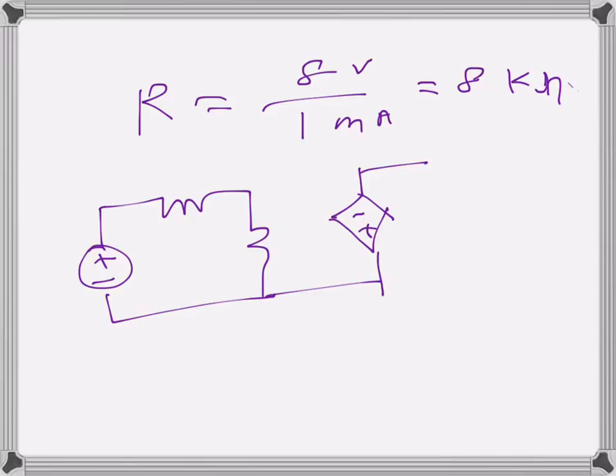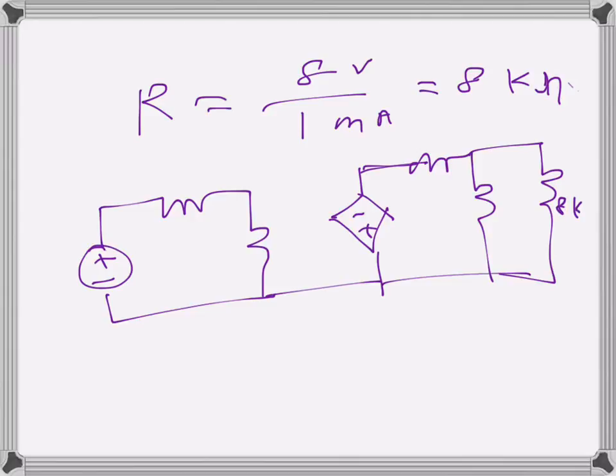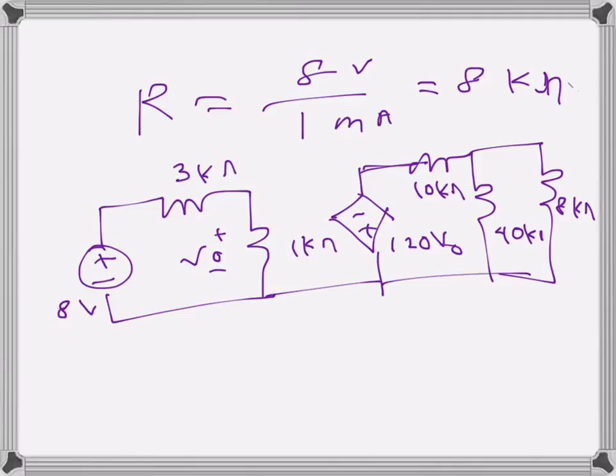We will just find the power dissipated by that resistance, so we will just work with this circuit. We have the circuit now, with 40 kilo ohms, 10 kilo ohms, 120 V naught, that is plus minus V naught, 1 kilo ohm, and then 3 kilo ohms, and that is 8 volts.